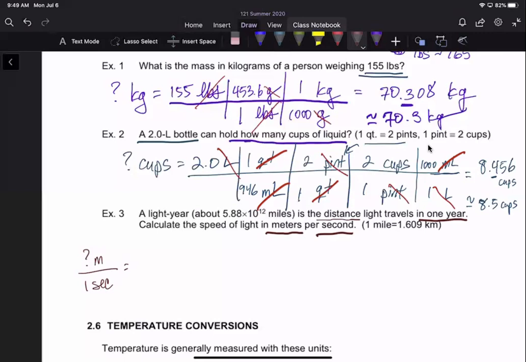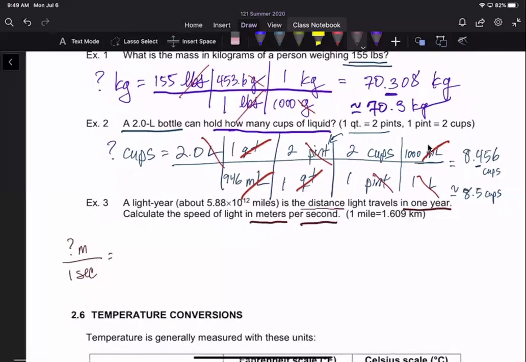So let's put our distance on the top, and we have 5.88 times 10 to the 12 miles. That is MI, that abbreviation. And that is how far it can travel in 1 year.